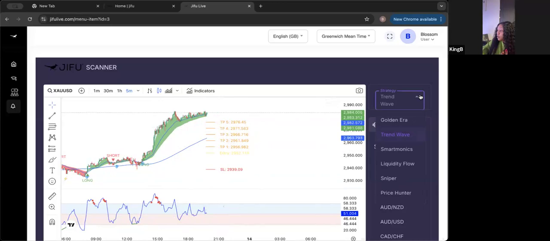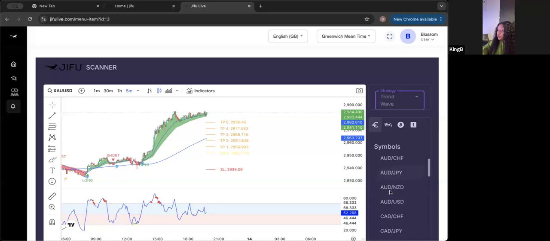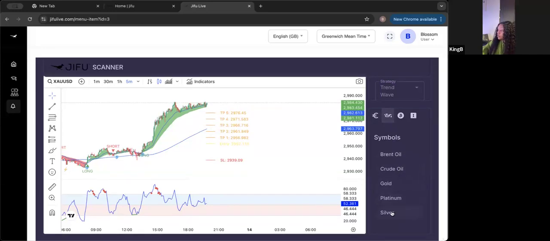The first thing I do is pick a pair. For example, I'm not a gold girly, so you scarcely see me trade gold. Now these symbols mean certain things. This symbol is for forex, so you have all forex pairs. This symbol says commodity. When you click on it, you see Brent oil, crude oil, gold, platinum, silver.